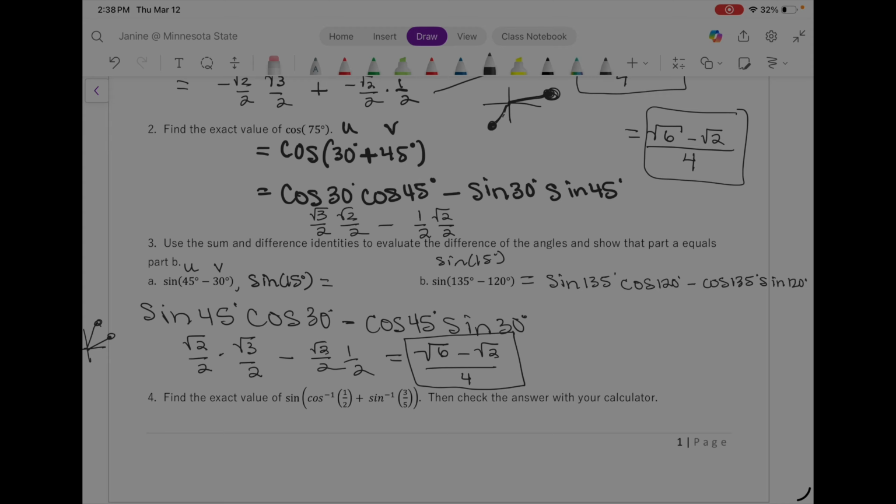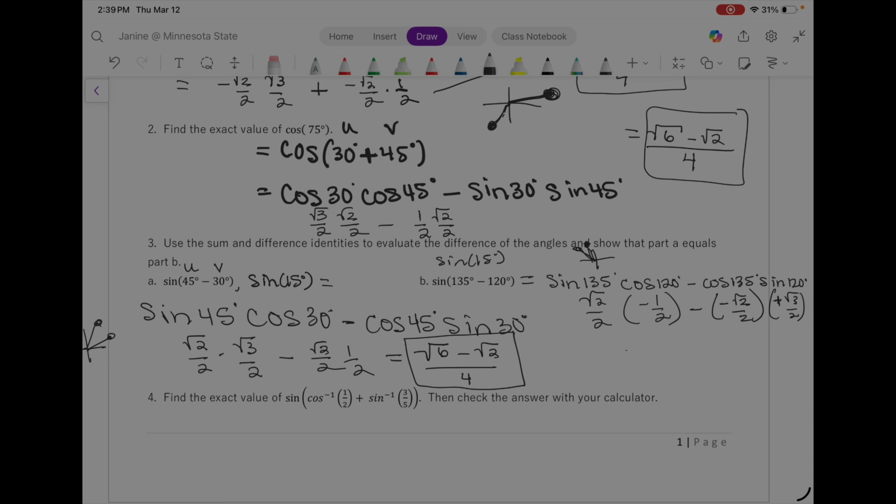Okay, so 135 degrees is right here, so that's a positive root 2 over 2. Cosine of 120 is right there, so that'll be a negative 1/2, minus cosine of 135, which is a negative root 2 over 2. Sine of 120 is positive, it's up, root 3 over 2.